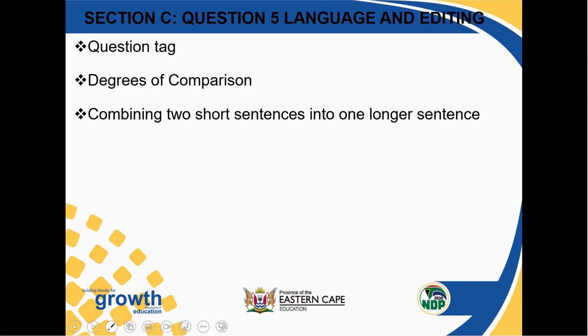Then lastly, you also need to know how to combine two short sentences into one sentence. Now, this is based on understanding the types of sentences that we have: the simple sentence, the compound sentence, as well as the complex sentence.